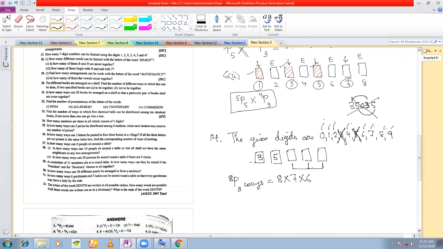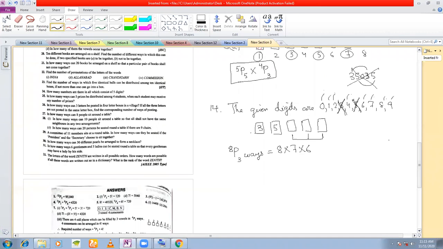But my question to you is, if the digits can be repeated, then what would you have done? Repetition should be there. See, 3, 5 we have already fixed in these places, right?